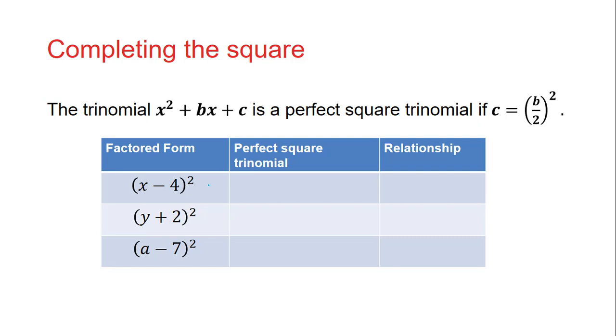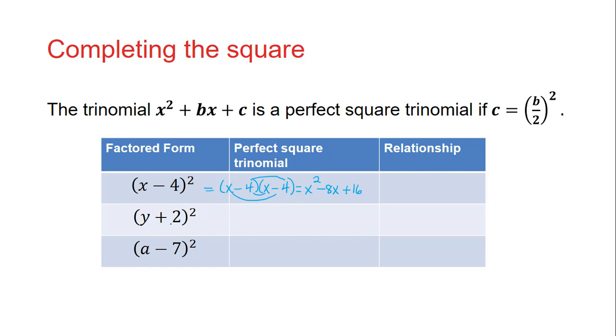If we square this, remember that this is x minus 4 times x minus 4, and we can FOIL it, but we would get x squared minus 4x minus 4x is minus 8x, and then plus 16.